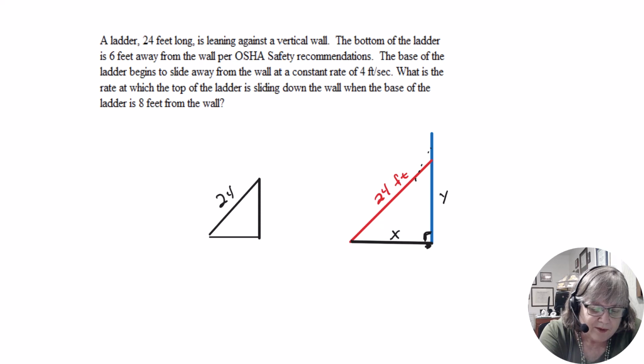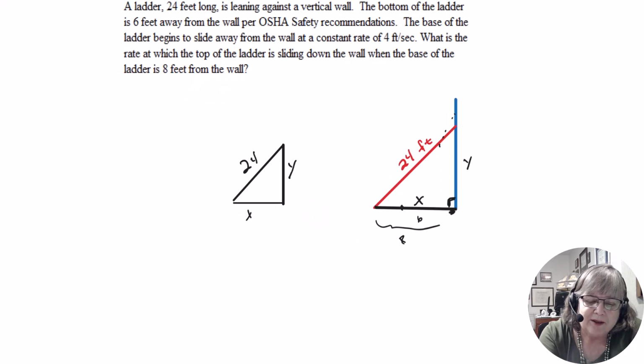is this would be 24, this would be x, this would be y. And over here, we may be thinking about, it starts off at 6 and it ends up being 8 over here. But for right now, I just need a generic x and y. So we're going to use this for specific information.